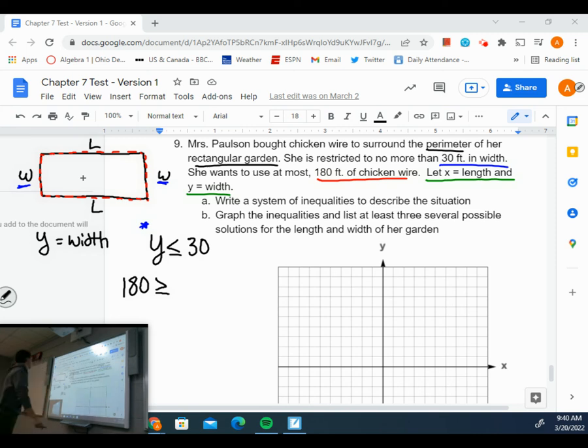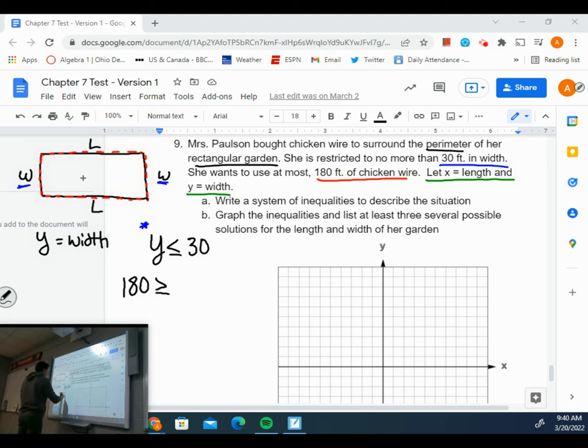So what's the formula for perimeter? Well, perimeter is adding up all the sides. It's the outside boundary. Well, what is our perimeter? We don't have specific numbers because we don't know the length and width. But I think this is where the picture can be really helpful. We just add up all the sides to get the perimeter.